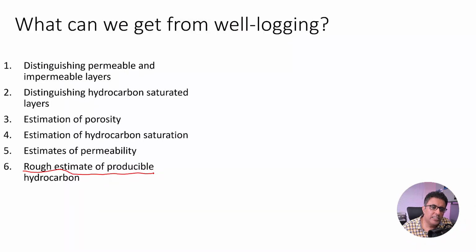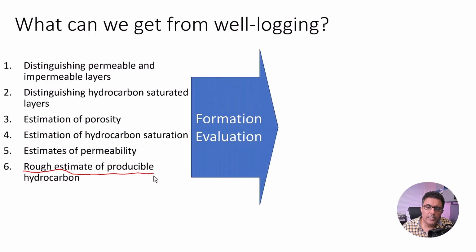Depending on all of these things, we may produce from 5% up to 70% of the oil and gas in the reservoir. And well logging data may help us to have some rough estimate about the recovery factor as well.